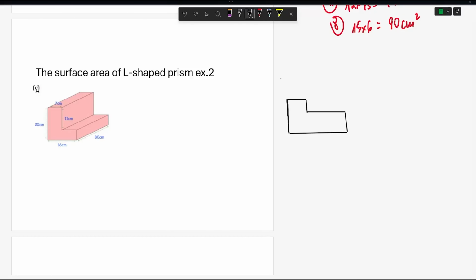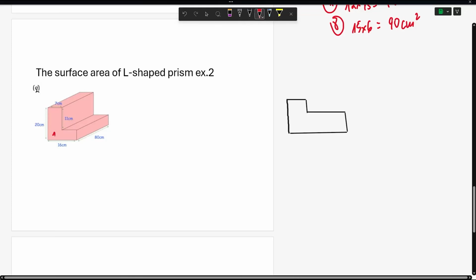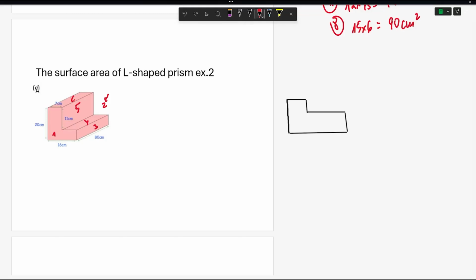Let's now look at example 2. Again, I have my L-shape prism, and I make a copy here of my side 1. So once again, let's count them. 1 on the back, 2, 3, 4, 5, 6, 7, and 8.